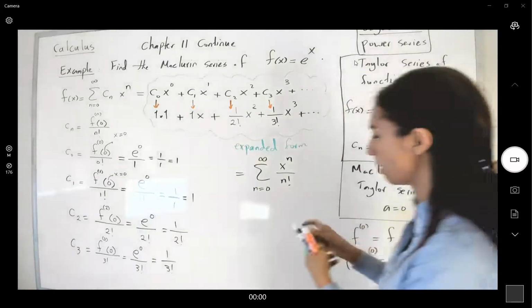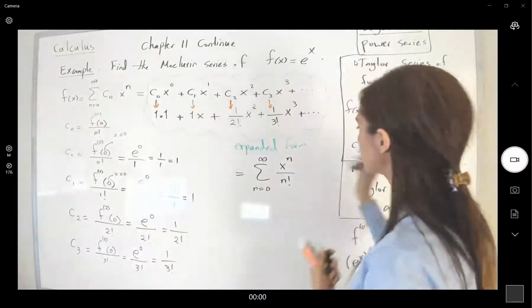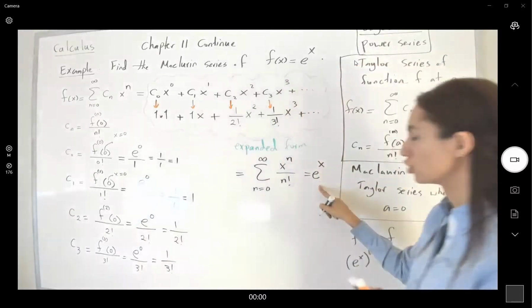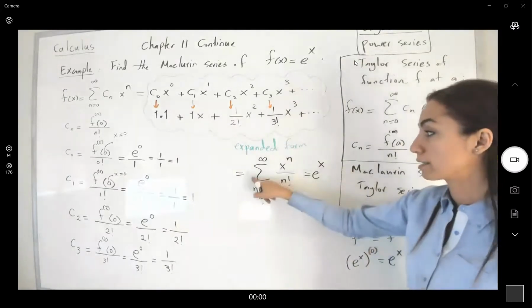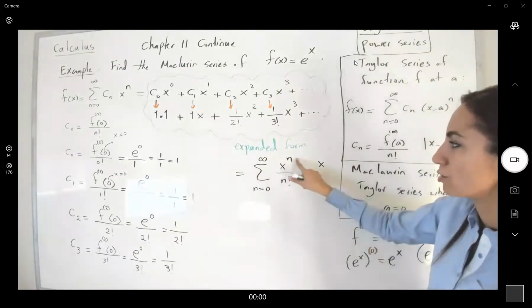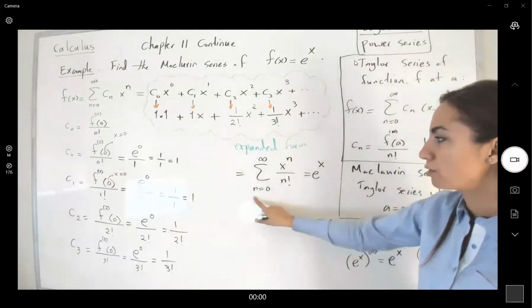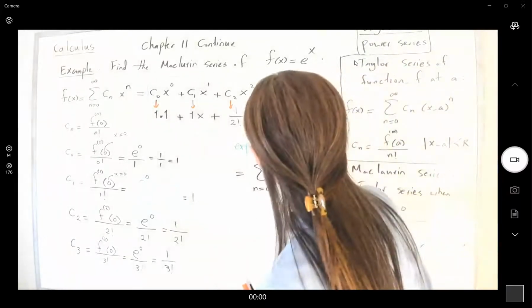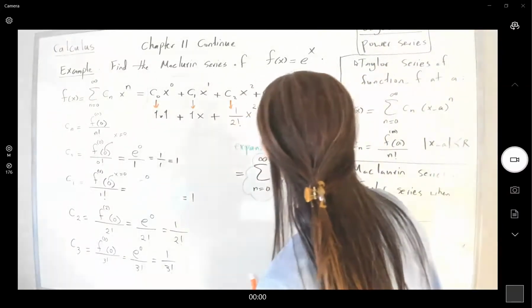And this is your compact form. So the function e to the x has the power series representation, the sum of x to the n divided by n factorial, with n from 0 to infinity.